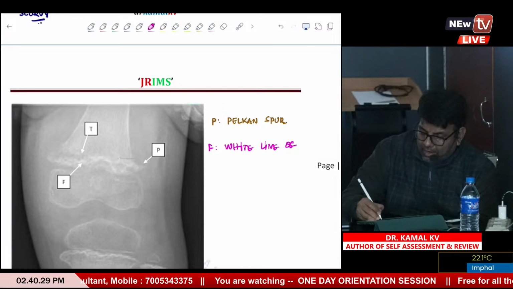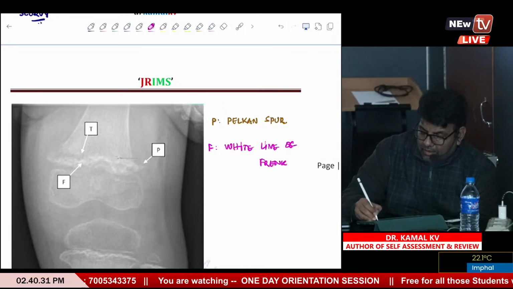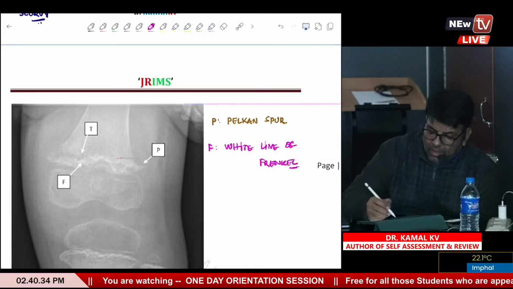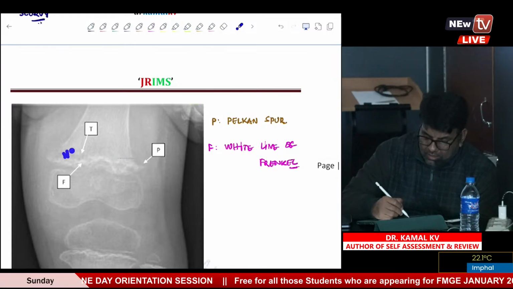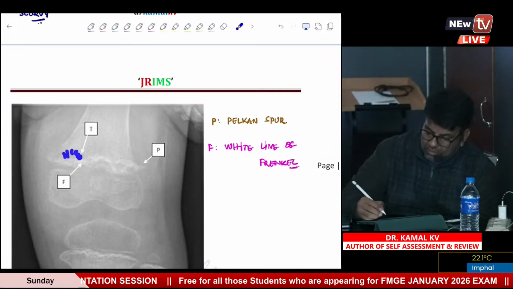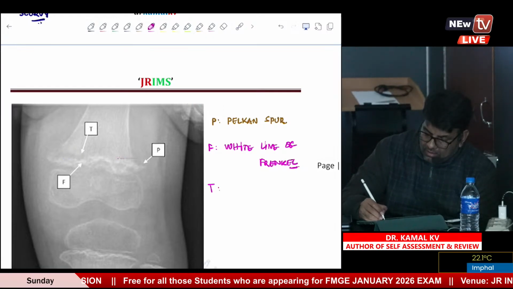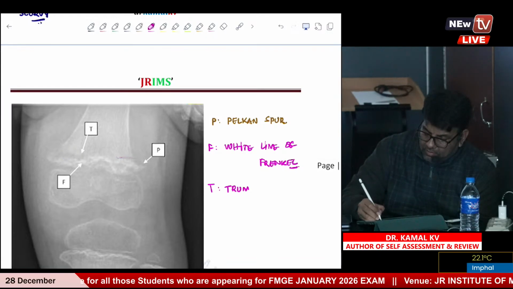Very good. White line of Frankel. And then you can see black area. This is Trummerfeld zone. So T is Trummerfeld zone.